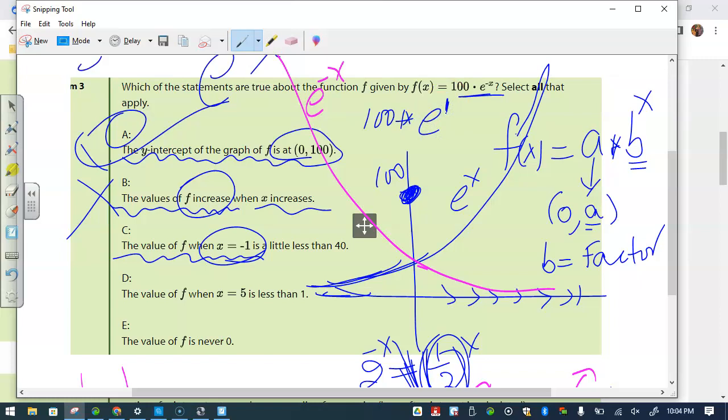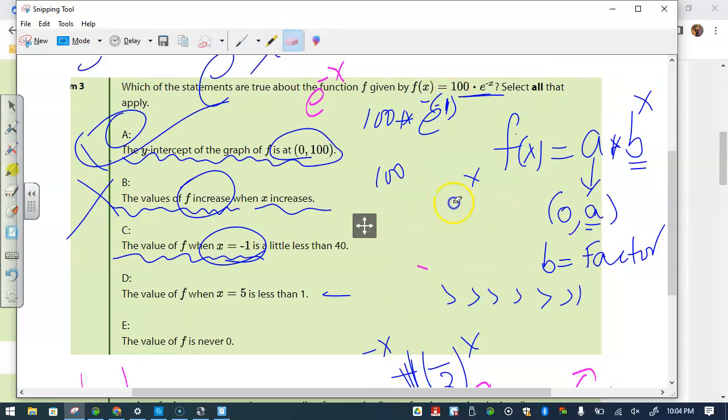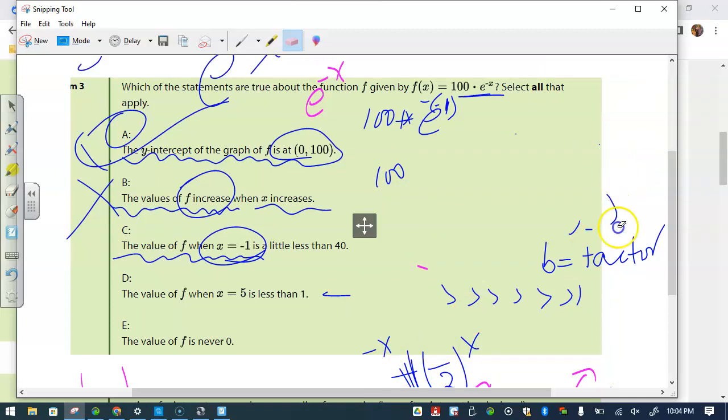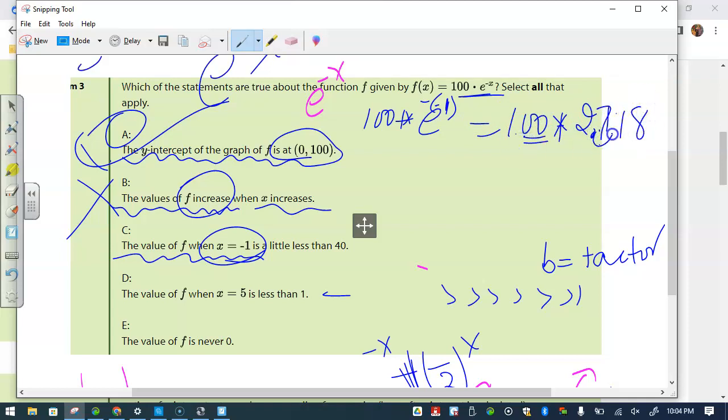Because minus of minus 1 makes it positive. So this will be 100 times e, and e is 2.7182, and you can see because of the 100, the decimal moves 2 places. So we get 271.